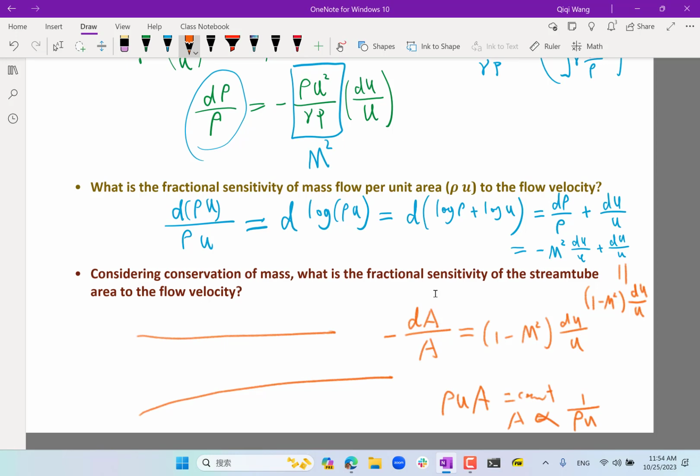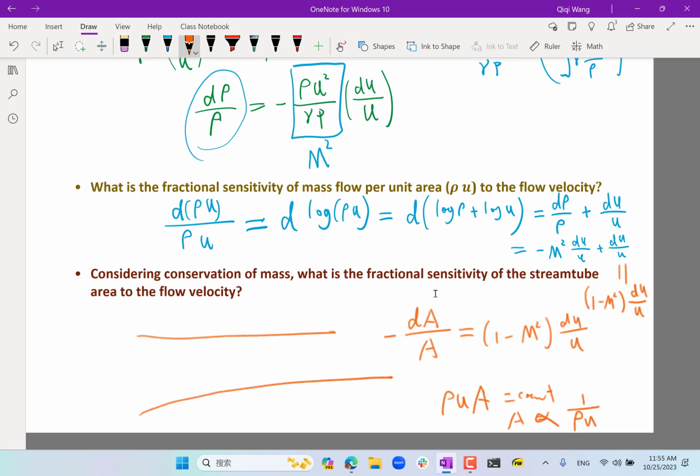So essentially, first of all, the relationship reverses in supersonic flow as you accelerate further. The density drop is now more significant than the velocity increase. So at supersonic flow, when M squared is greater than 1, if the velocity increases by 1%, the density drops by more than 1%, right?